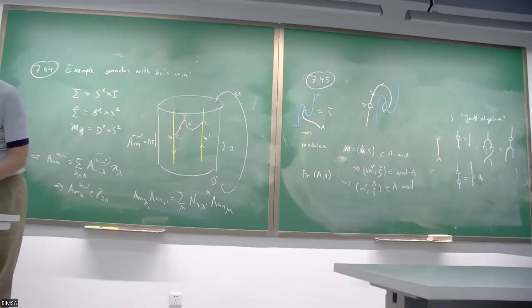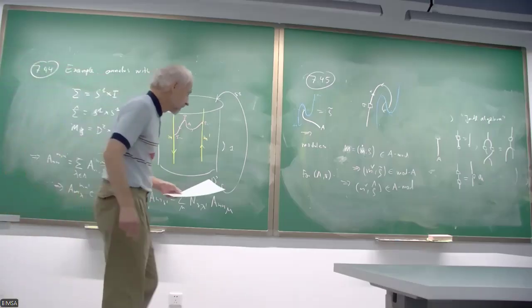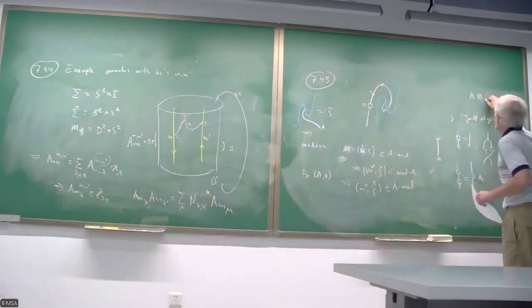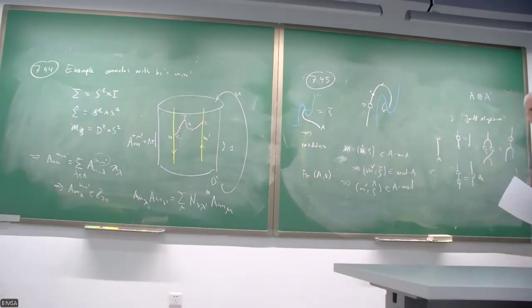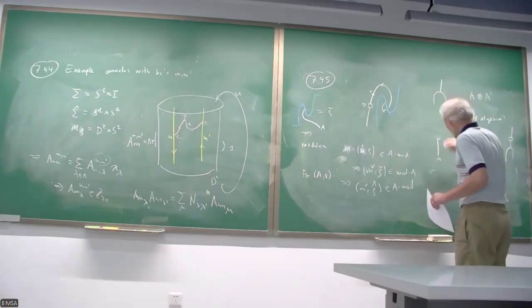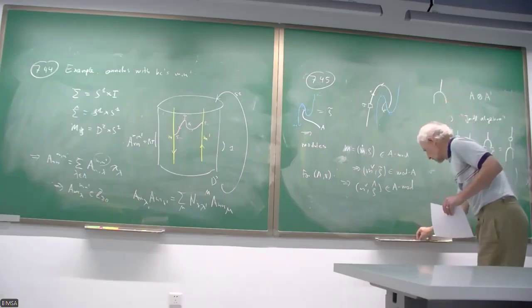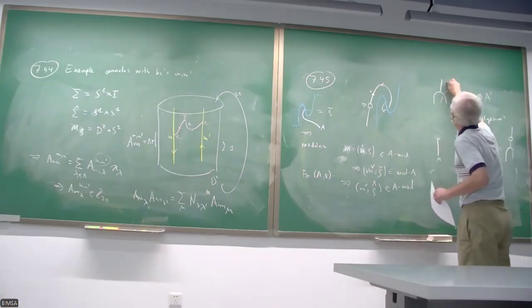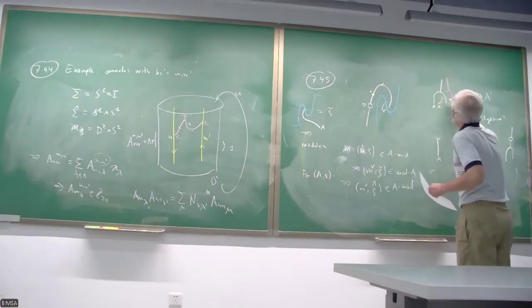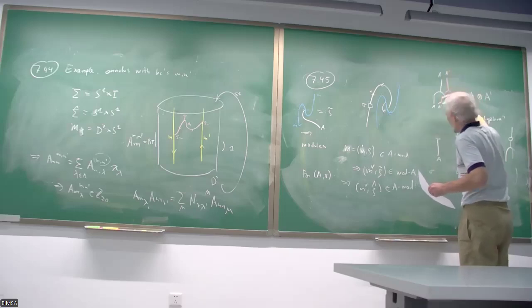Maybe I should just mention here that whenever I have an algebra A and an algebra A prime, then on the tensor product as objects, I have a natural algebra structure, looking like this. Here we have A and A prime, using the braiding.